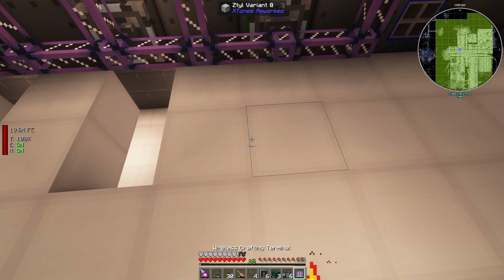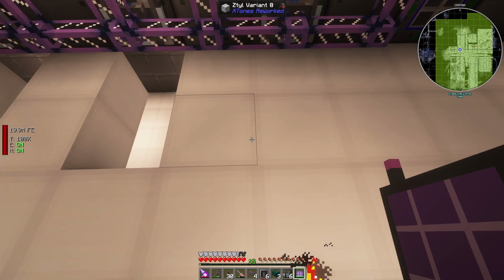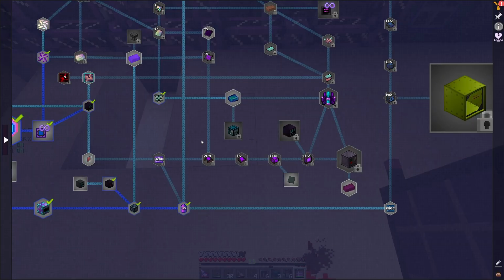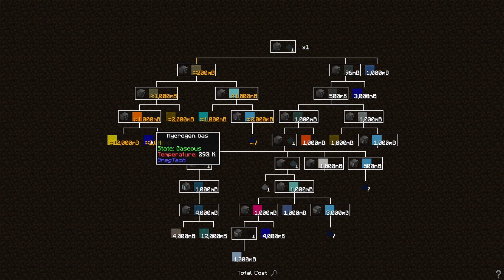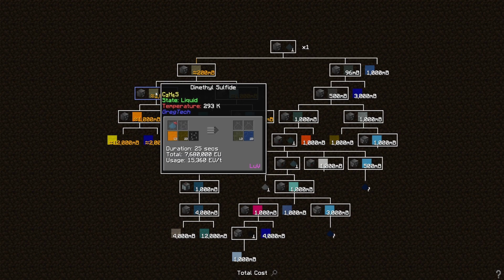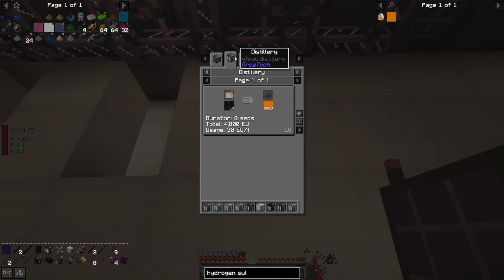That's a thing. I think we're just depleting all of our hydrogen sulfide, so I guess, dimethyl sulfide, hold on. So I might have to make hydrogen sulfide here on the spot.